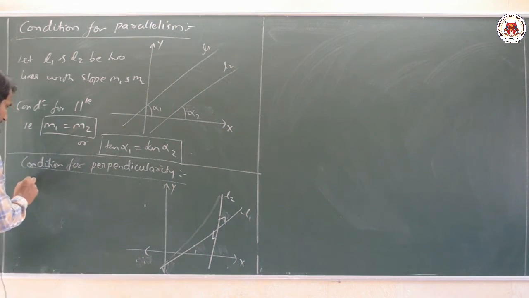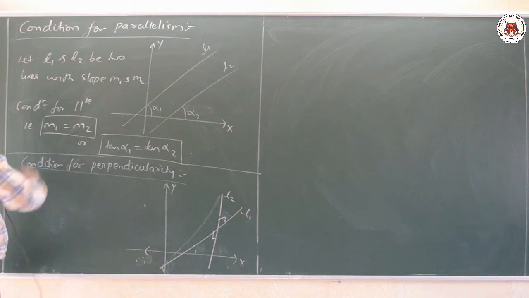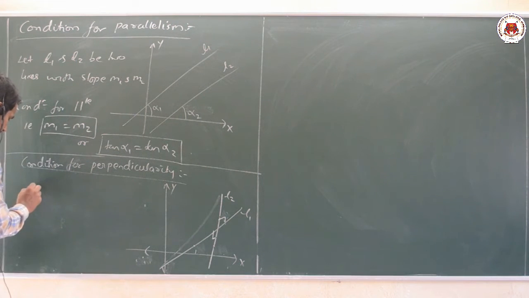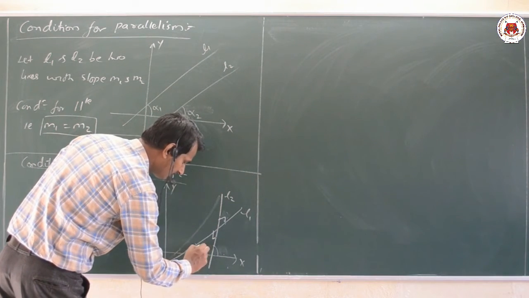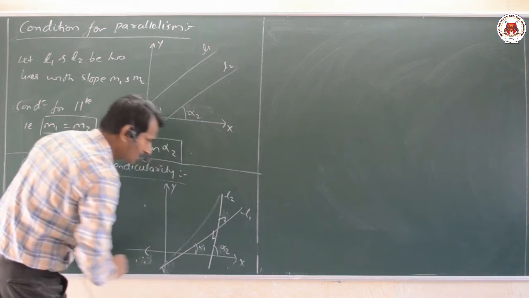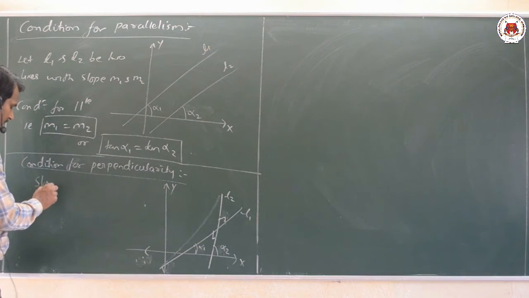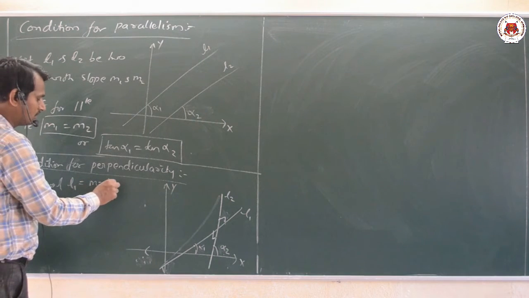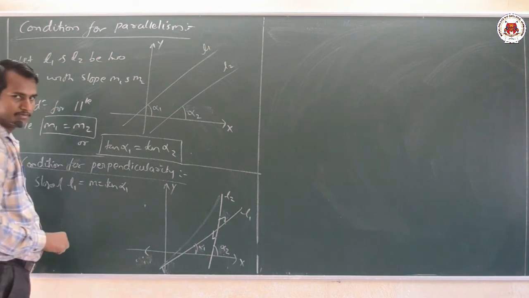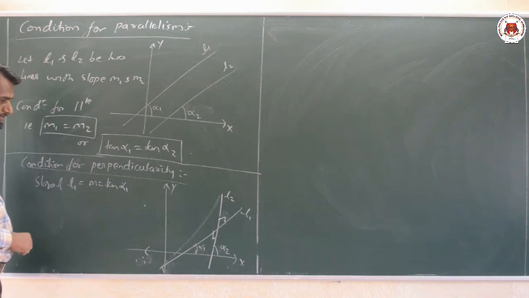Let L1 and L2 be two lines with slopes m1 and m2. Let us take the angle of L1 as alpha 1 and of L2 as alpha 2. The slope of L1 is m1, which is equal to tan of alpha 1.